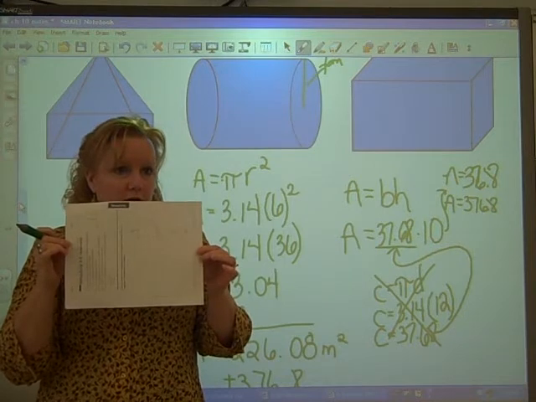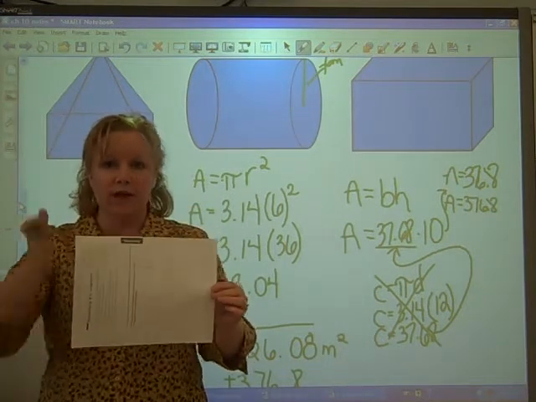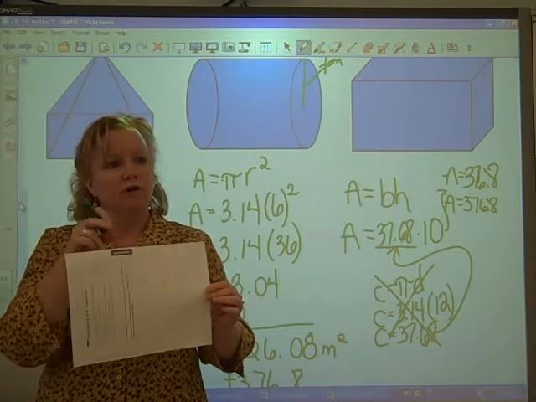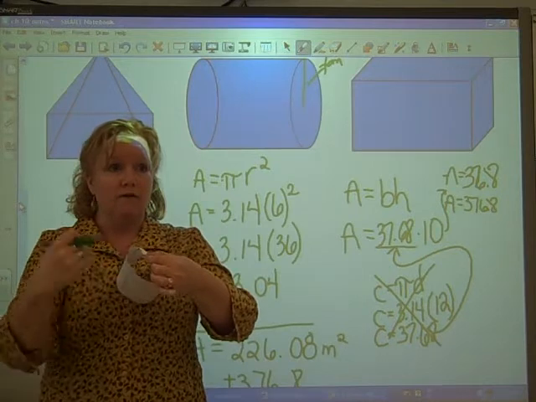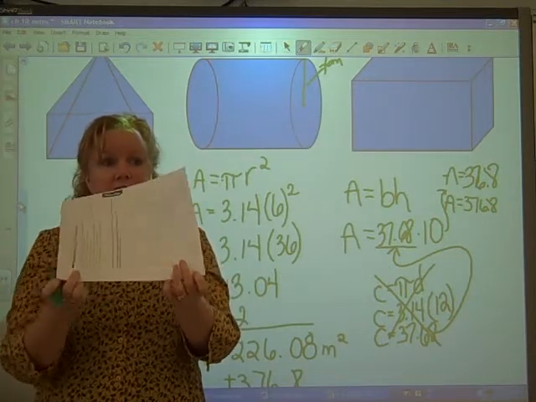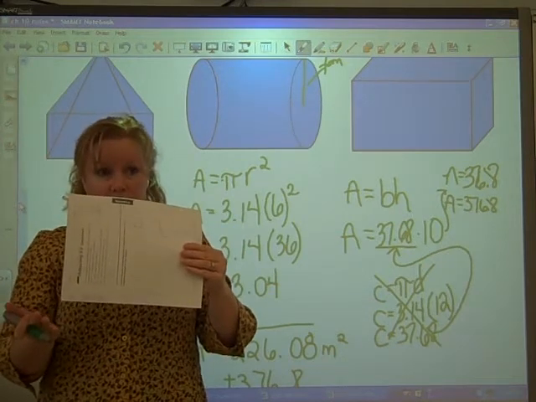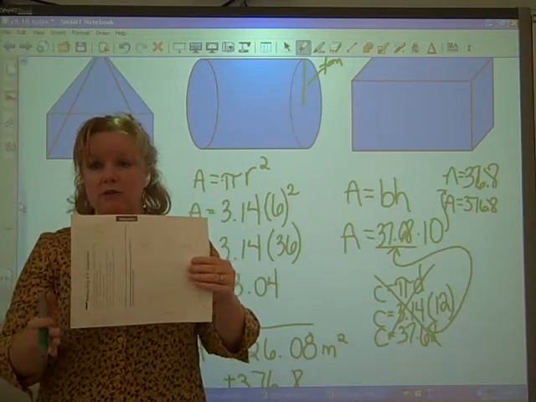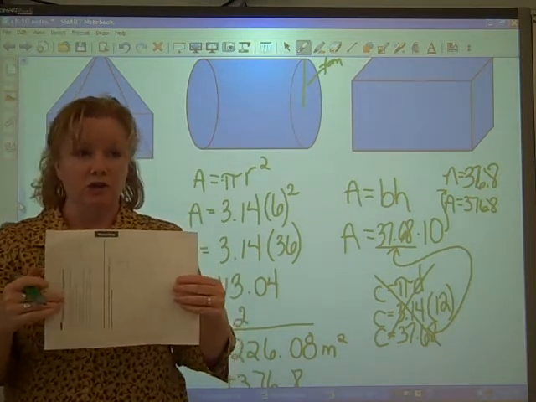It's a rectangle, so area of a rectangle is base times height. However, to find my base, I must find the circumference of the circle. The circumference of the circle is the base of my rectangle. So circumference, which is the same thing as my base, times the height, and then I add it all together. Okay, do you see the steps?